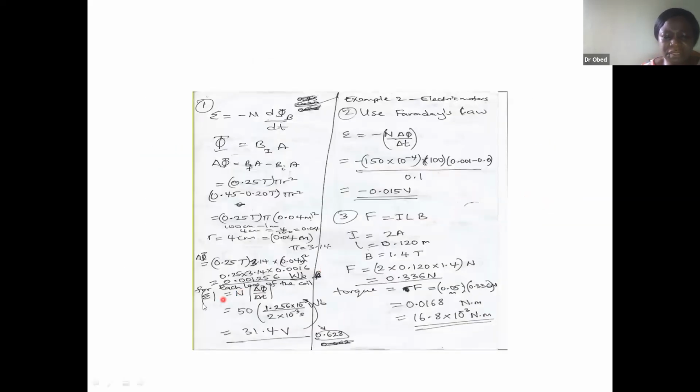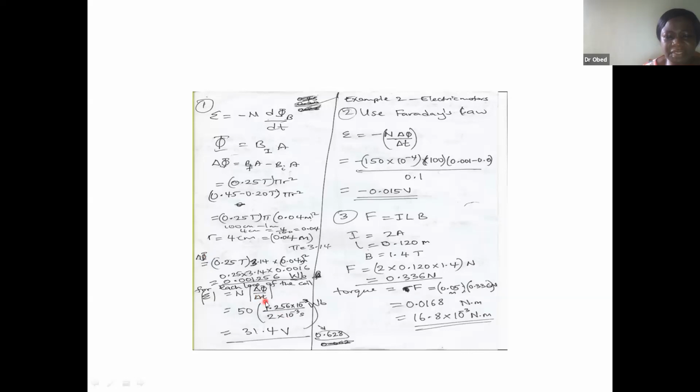The average EMF in the coil is given by this equation: average EMF is equal to the number of turns, which is 50, times the change in flux delta phi, which is the solution we got here, divided by the change in time.